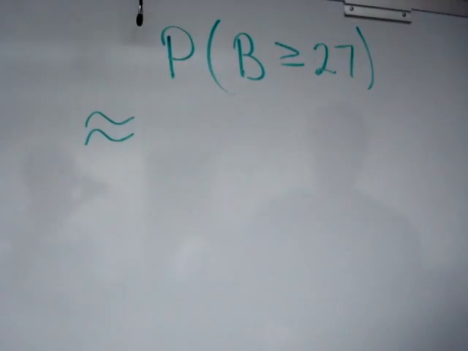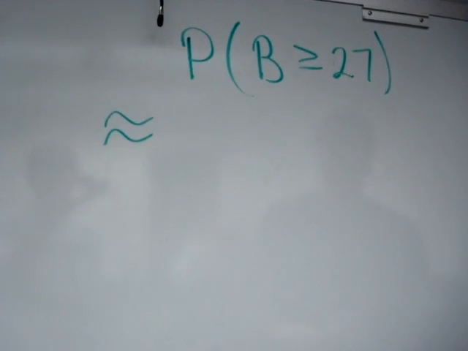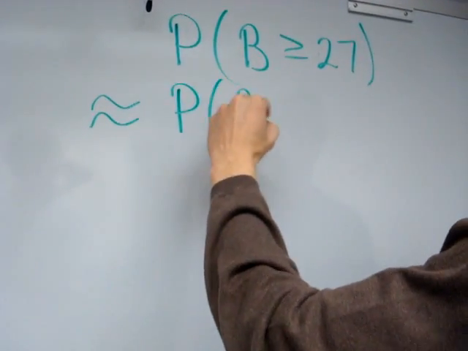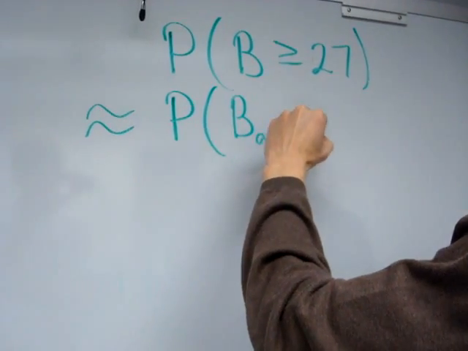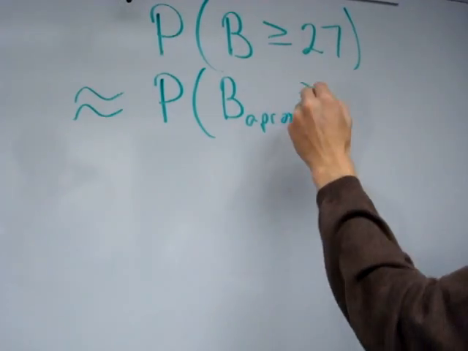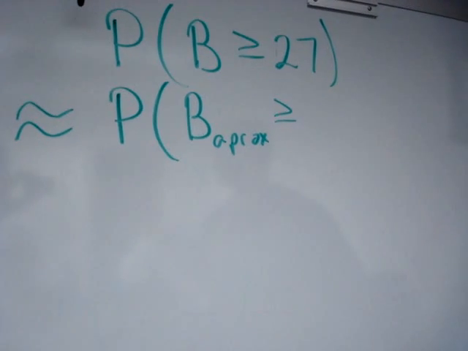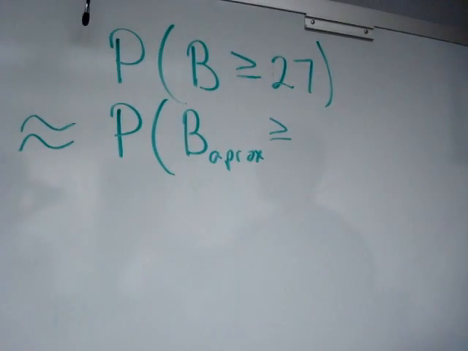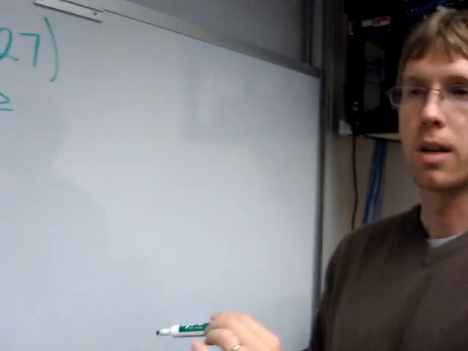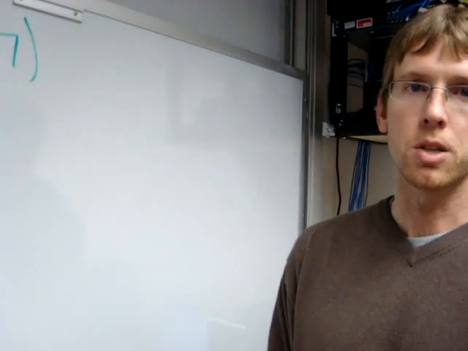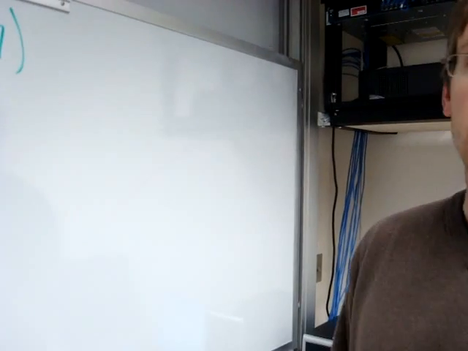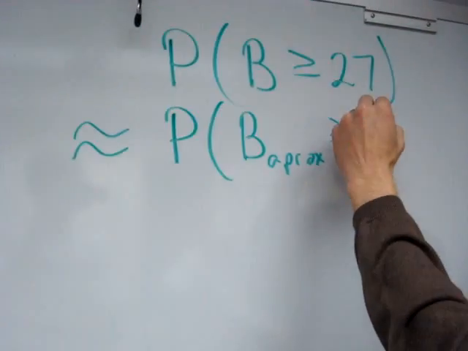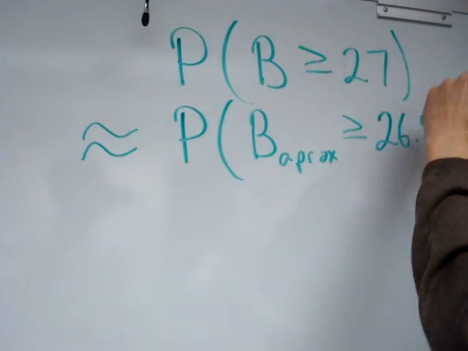We're asked to use that normal approximation, so this is approximately equal to the probability that B approx is greater than or equal to, I don't want to use 27 here because we're going to use the continuity correction. And anytime you use a continuous distribution to approximate a discrete distribution, you end up getting better results if you use the continuity correction. And so we want to use 26.5 here.